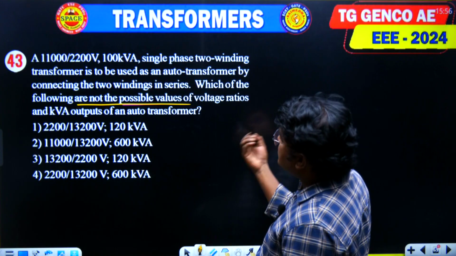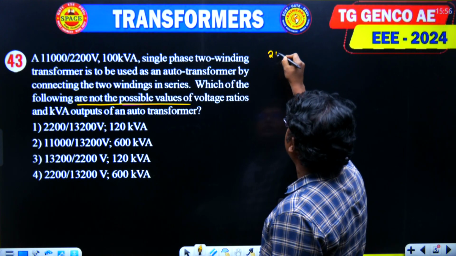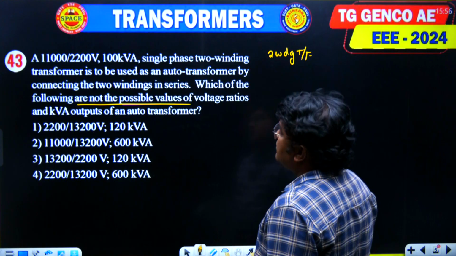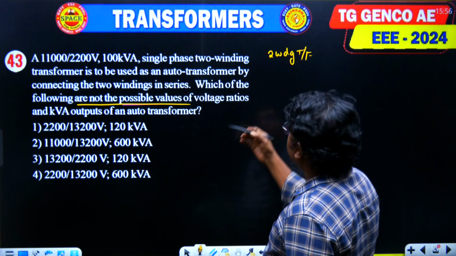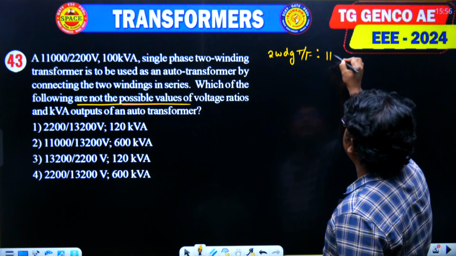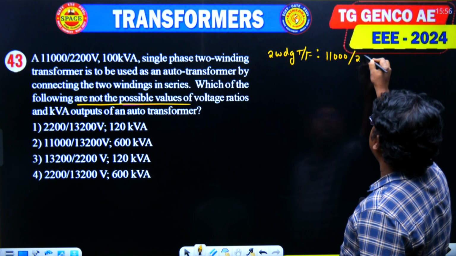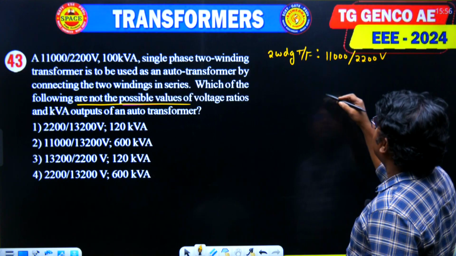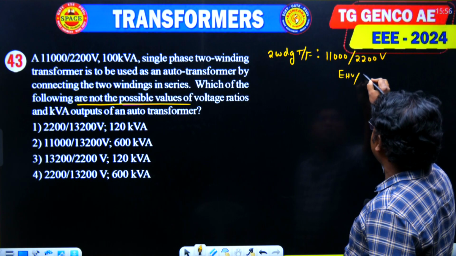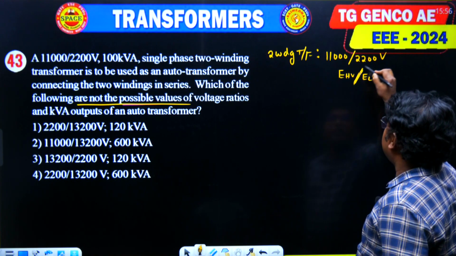So auto transformer ratings. First, the given voltage rating of the 2 winding transformer is 11,000 upon 2,200 volts, and let us assume it is EHV divided by ELV.